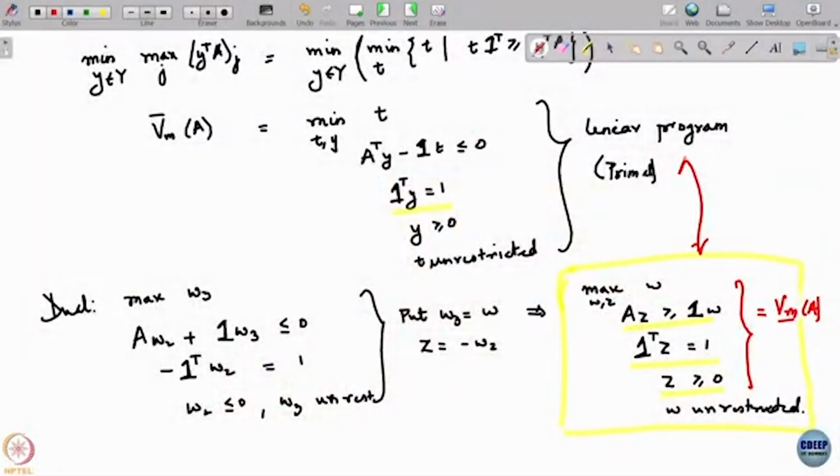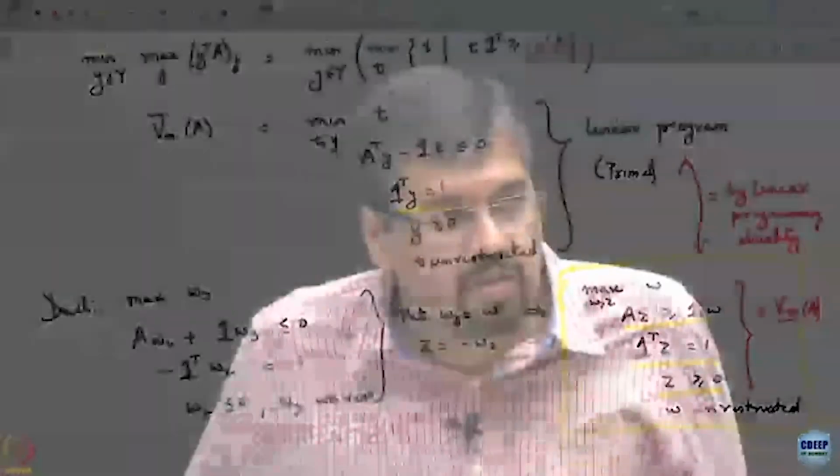But then linear programming duality tells us that these two are equal. Now, to be exact, linear programming duality tells us that these two are equal if one of them has a finite optimal value. Now, why do any of them have a finite optimal value?